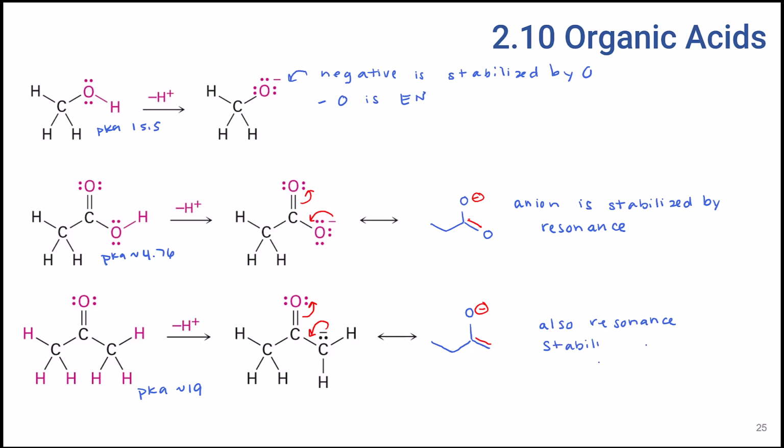This one again is also resonance stabilized, but it's to a lesser extent than the C double bond O on either side. And there's our hybrid carbonyl acetate ion. Acetone is going to be less resonance stabilized than the other one because of the atoms involved.